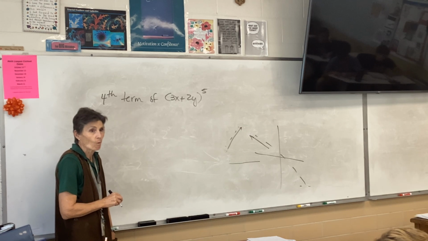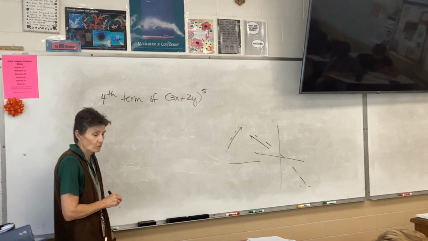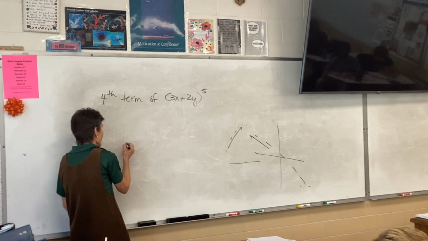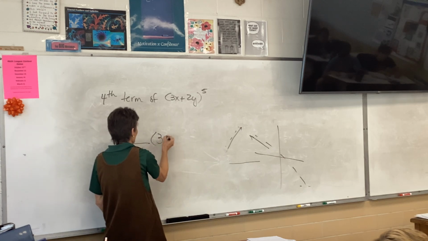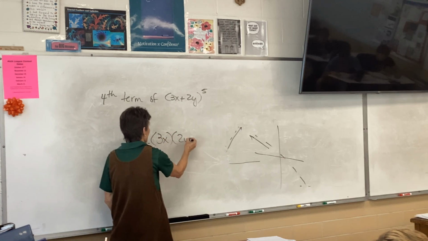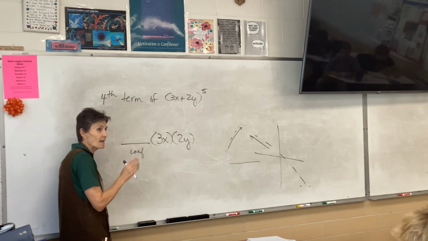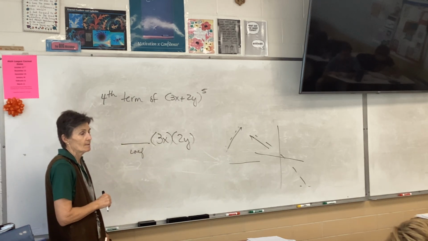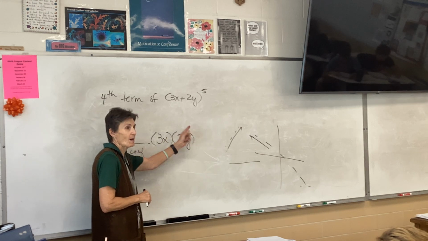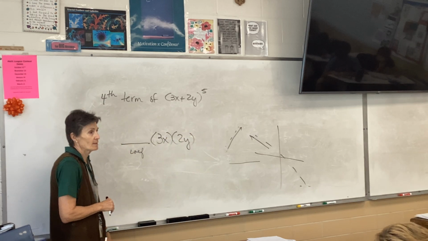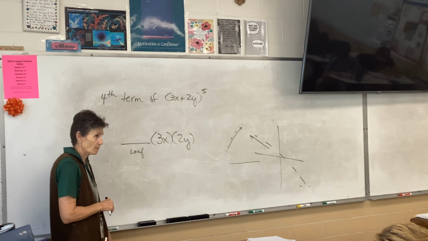I know that any term is going to have some kind of a coefficient. In this problem, it's going to have a 3x and a 2y. Does everybody agree with that? Every single term is gonna have that. So I need to figure out what my coefficient is and what my powers are on those parentheses.